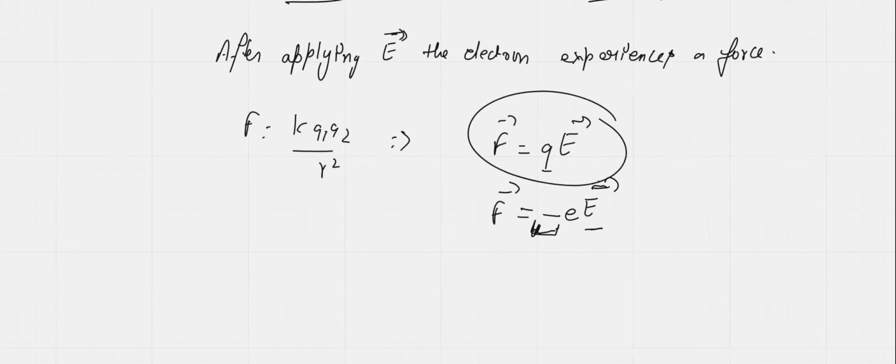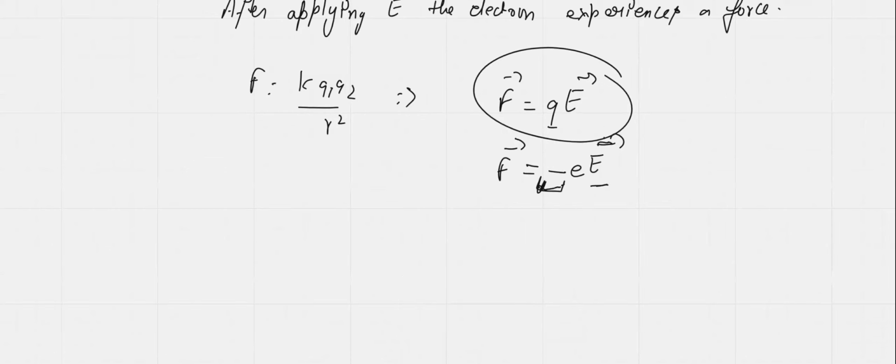So you can say that they have got a force. What's the velocity? I can use v equals u plus at. I have to calculate the final velocity, because the electrons start from zero. So I can simply assume the initial velocity is zero.